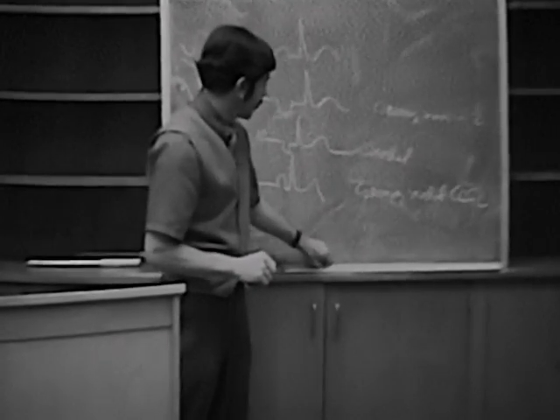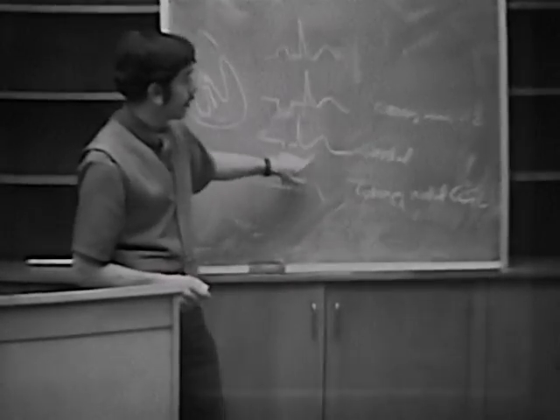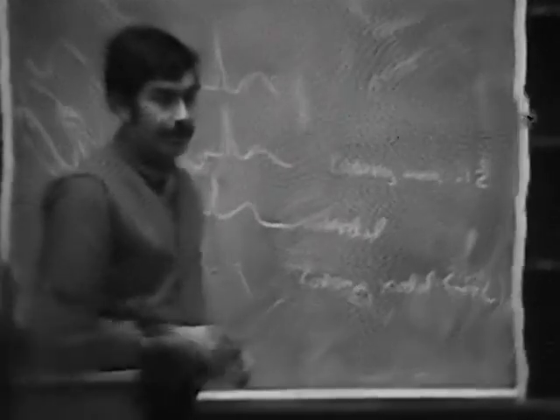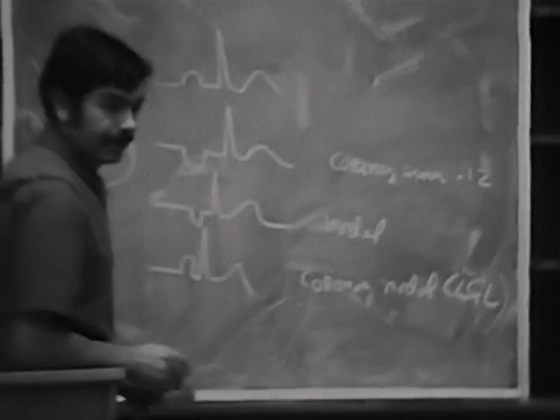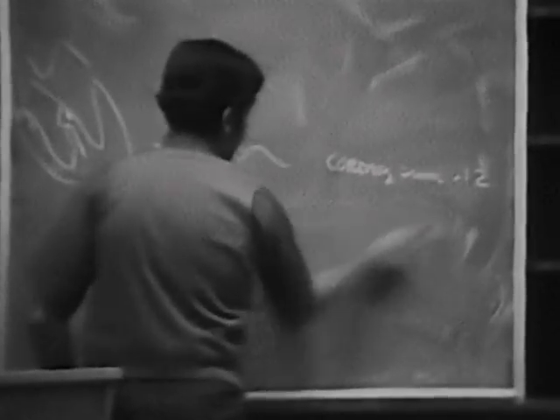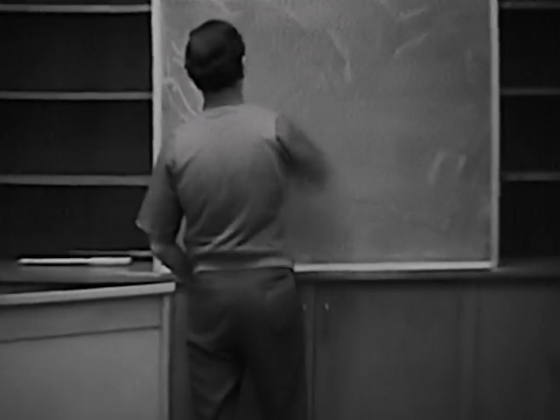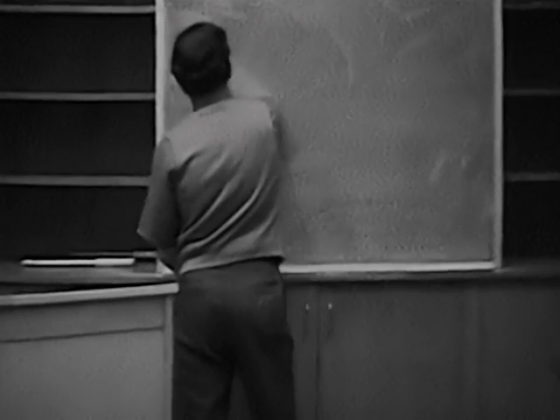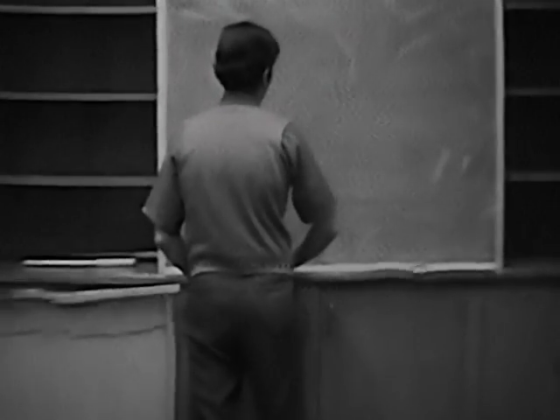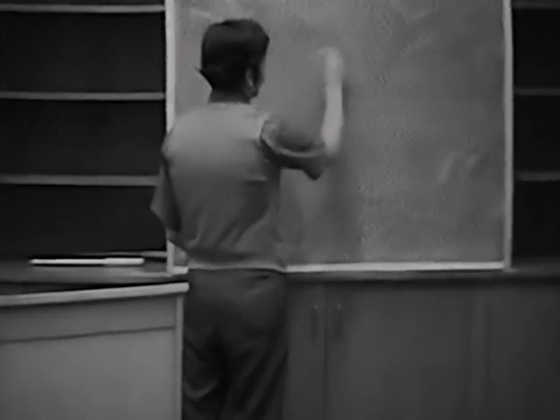Okay. So you know now how to make a differential between a nodal rhythm and a coronary sinus rhythm. That's an important point. Make sure you're not dealing with a nodal rhythm. Okay? Now let's talk about the node. Okay, here's our node, right?